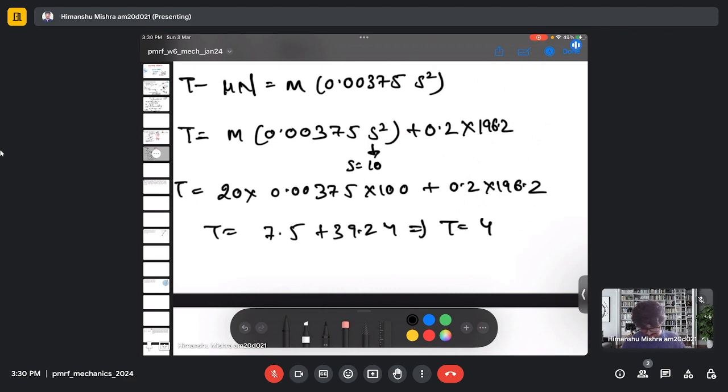So my tension is 46.7 Newton. This is the unknown required force we needed to calculate.